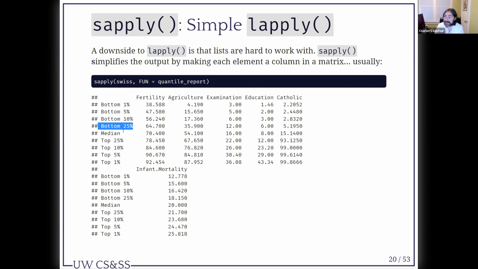So what this essentially did is took our output from the previous thing and cbind it together into a matrix. Okay, so this takes that quantile report and makes it into a nice matrix of things we can deal with. So sapply simplifies your lapply output. It still only works over something that is a list. Vectors count as lists, though, so you can apply over a single vector too.